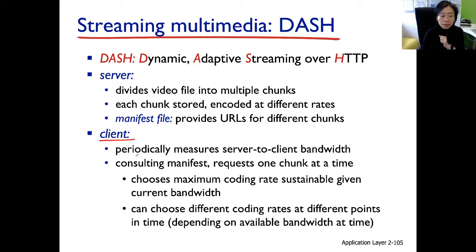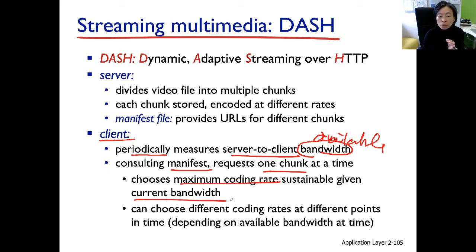Now, the client. What the client does is periodically measure the server-to-client bandwidth, which means exactly the available bandwidth. Then, given this bandwidth limit, it consults the manifest file, requests the chunk the client is looking for at the time, and chooses the maximum rate such that it's under the bandwidth limit.